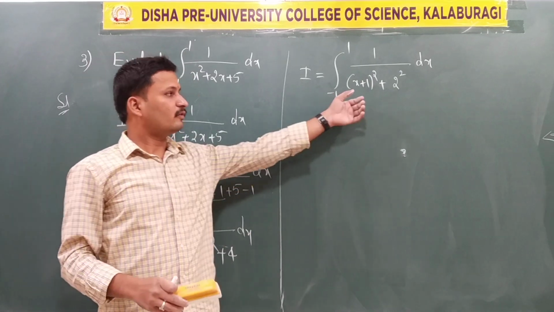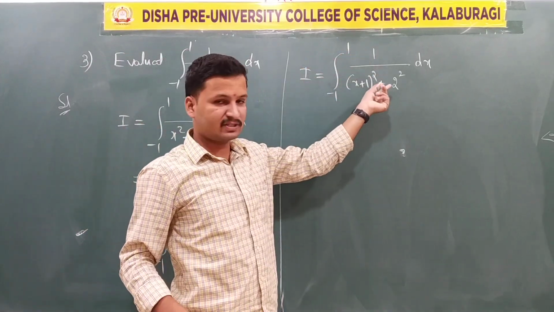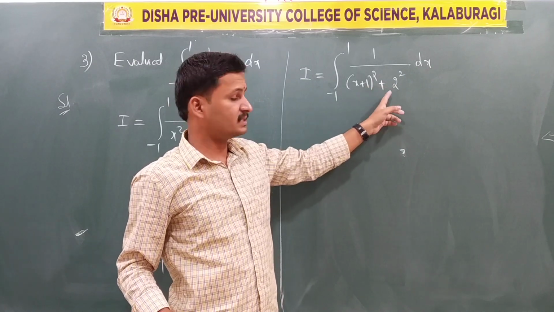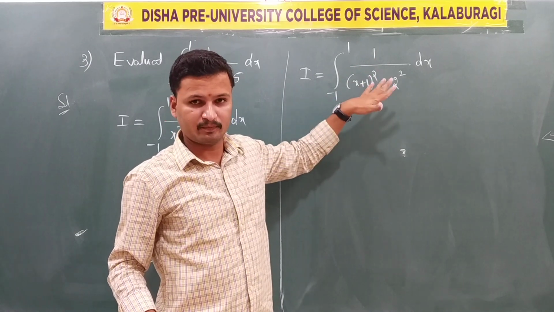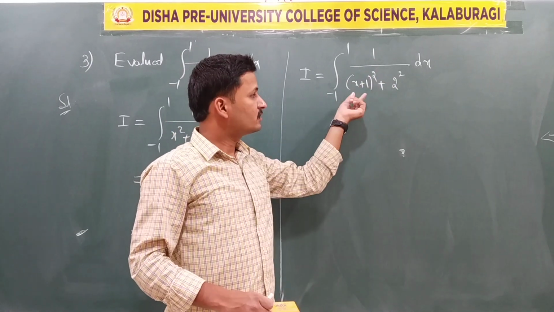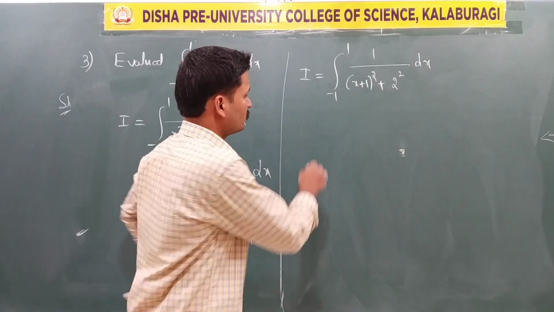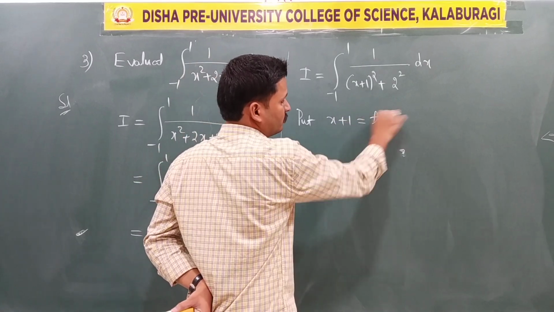So this is of the form, see, integration of 1 divided by x square plus a square. Correct? We can directly use the formula for x square plus a square, or we can go by the substitution method also. Okay, yes. So here substitute in place of x plus 1 as t. So put x plus 1 is equals to t.